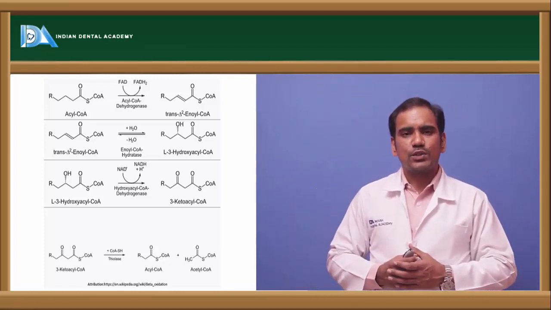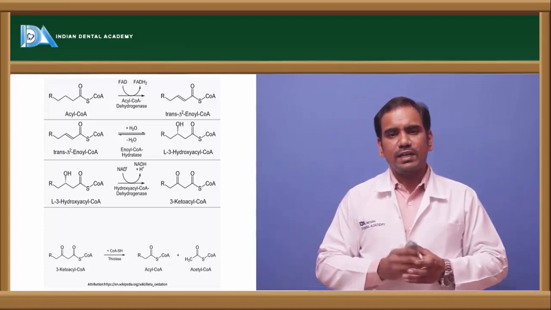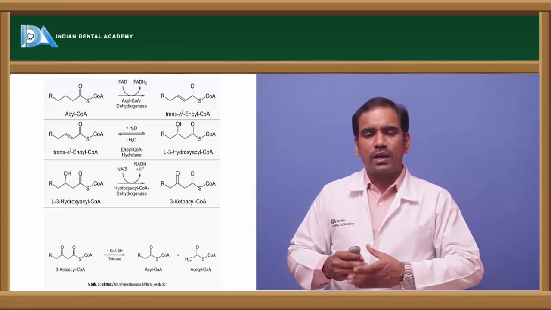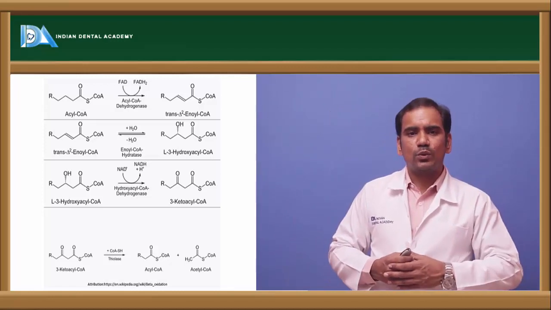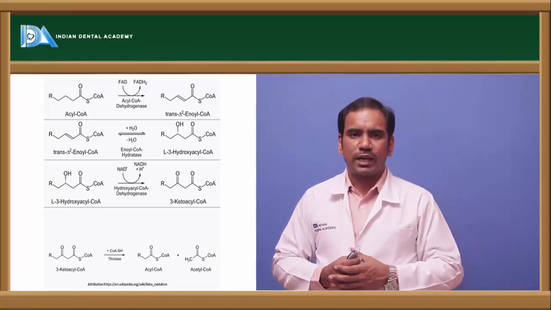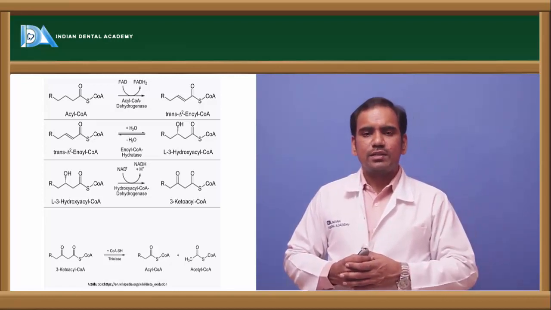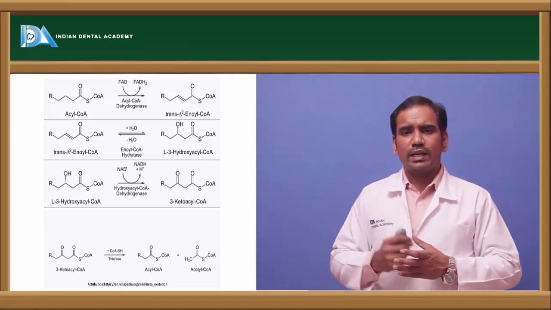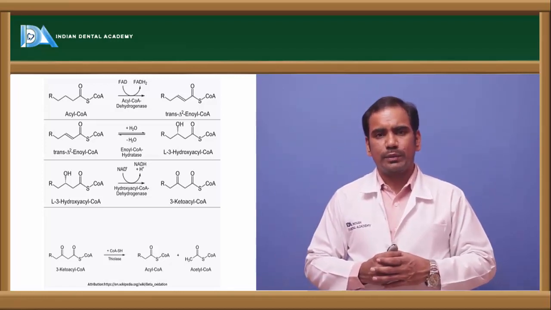When NADH enters into the electron transport chain, it produces ATPs equivalent to 2.5 according to our new calculations. You can consider 3 ATPs. So one NADH can generate 3 ATPs and FADH2 can generate 2 ATPs.